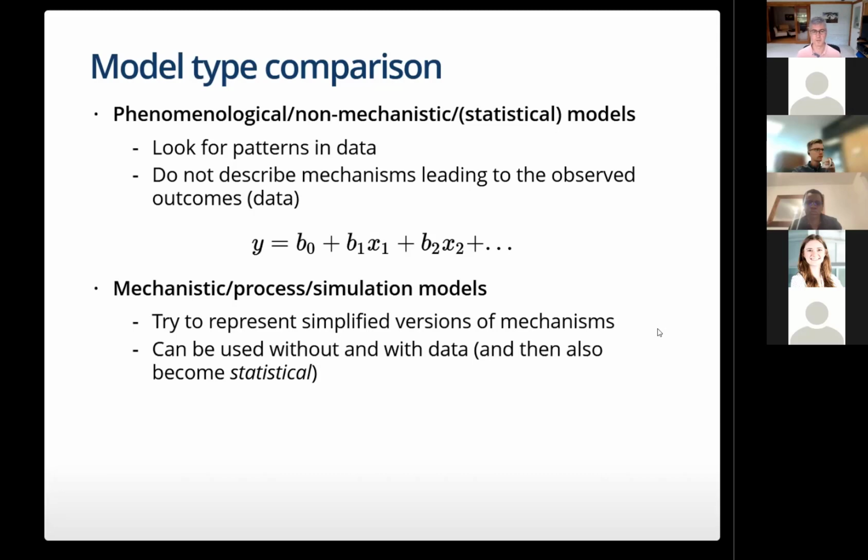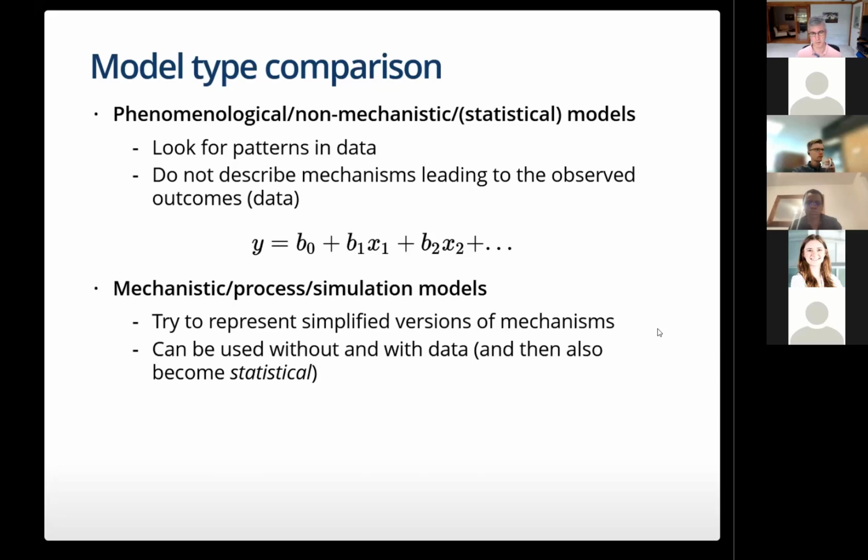Of course, to be able to do that, you need to know enough about your system that you can write down those models. So it's both the strength and the weakness of those mechanistic models. They give you more detailed information. They give you insights about mechanisms and processes, but you need to know at least something about your system to be able to write that down.